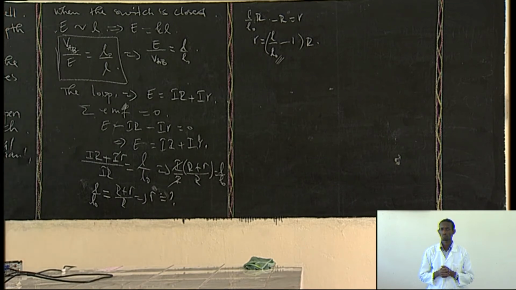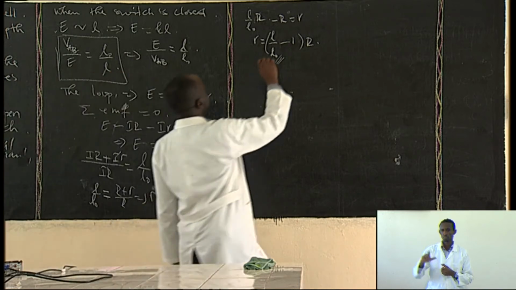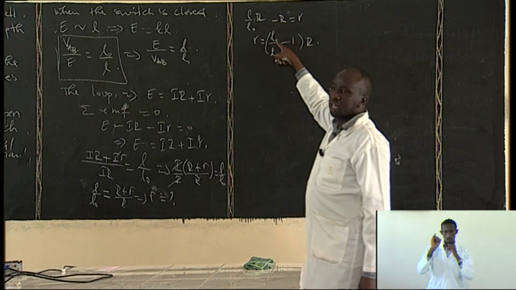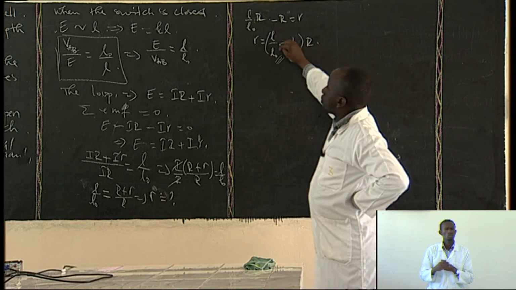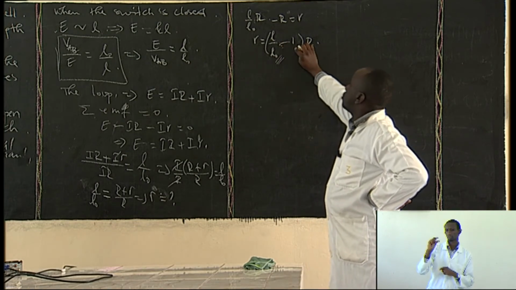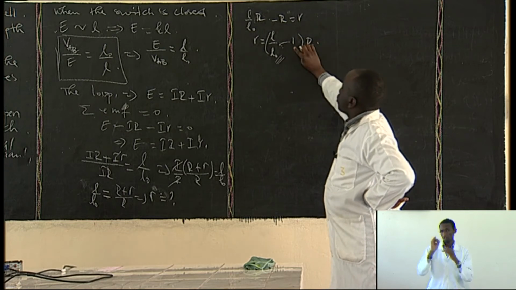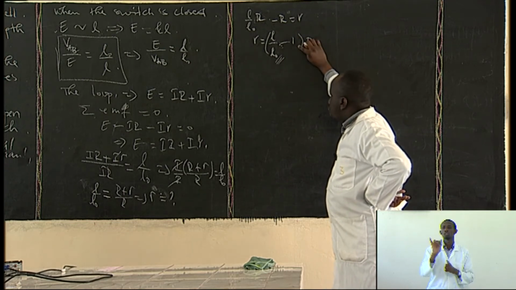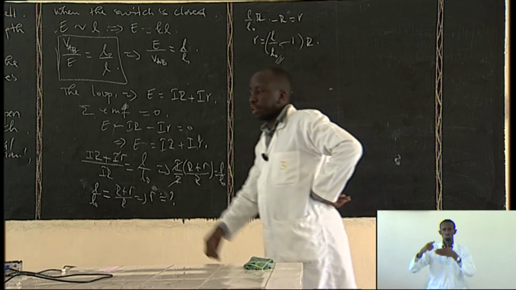It is the big one, from here up to there. From here up to that is L, which is small. If we subtract, this one will be small, and when we subtract we remain with the negative.